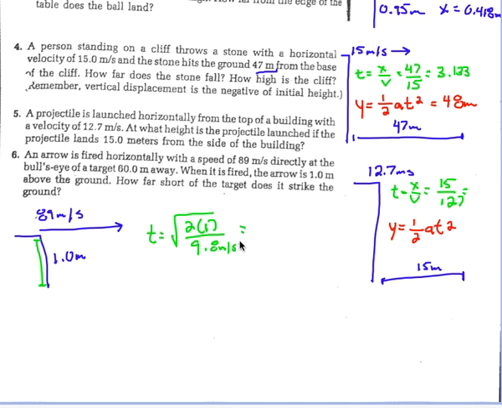And then, using that time, we solve for how far the projectile goes in the x direction. We should get, I think, about 40. And then we go back and solve our initial question, which was how far short do we fall? So 60 minus 40. So we fall about 20 meters short.